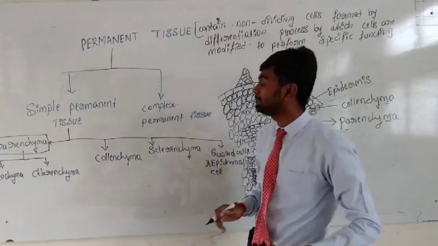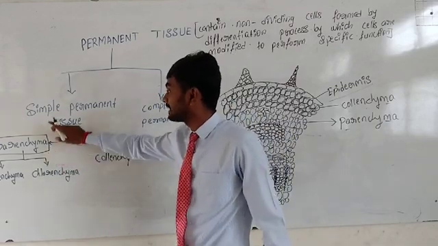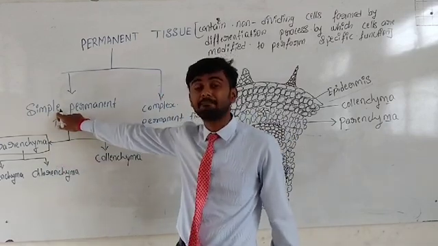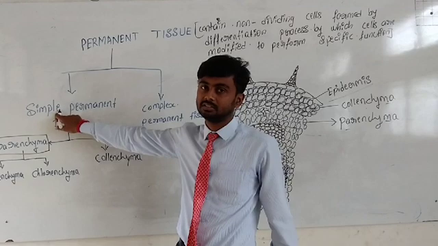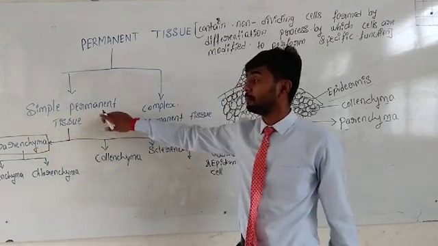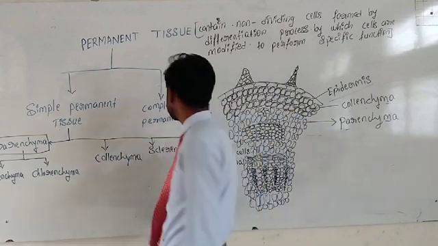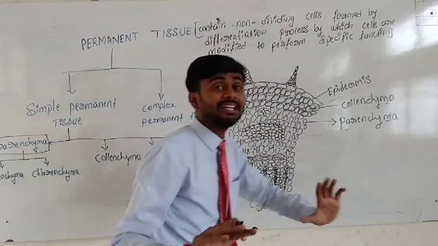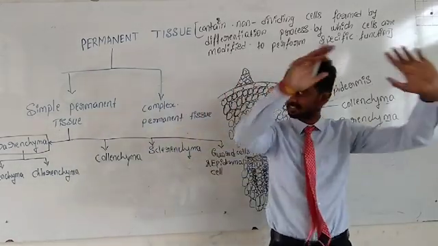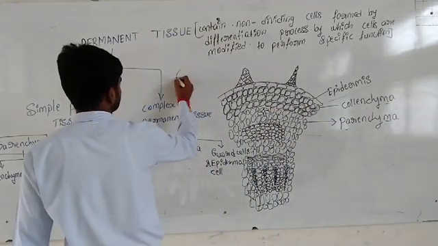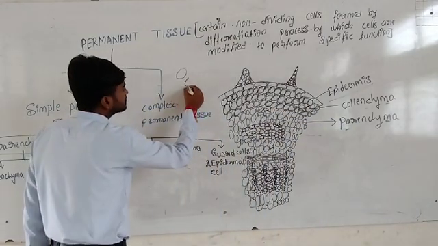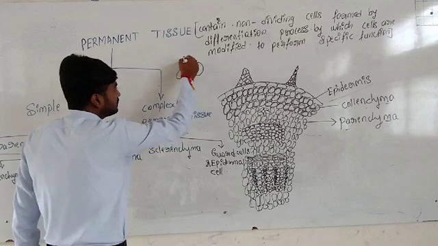See students, parenchyma cells are a type of simple permanent tissue. And parenchyma cells are loosely arranged. I will show you. See students, it is one cell, it is also one cell, it is also one cell.